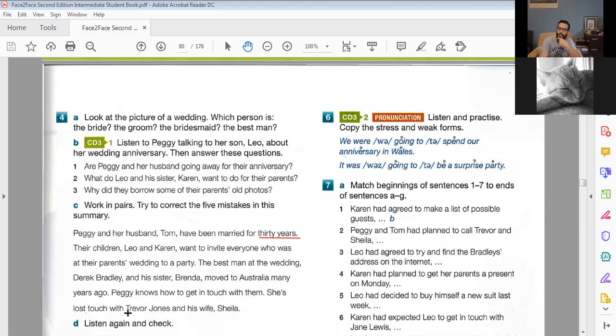So it means not with Trevor and his wife Sheila. She hasn't lost touch with these. Is that what you're saying? Okay. Yeah. All right. So we found 2. Not bad, right? 2 mistakes, I think. Can you find any others before we listen? I'm trying. Yeah, go ahead. No problem.